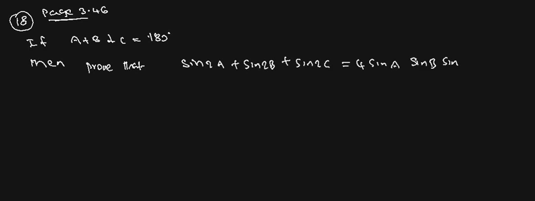So now what is question number 18? A plus b plus c is given as 180 degrees, and what I have to do is just take LHS, write down like this.